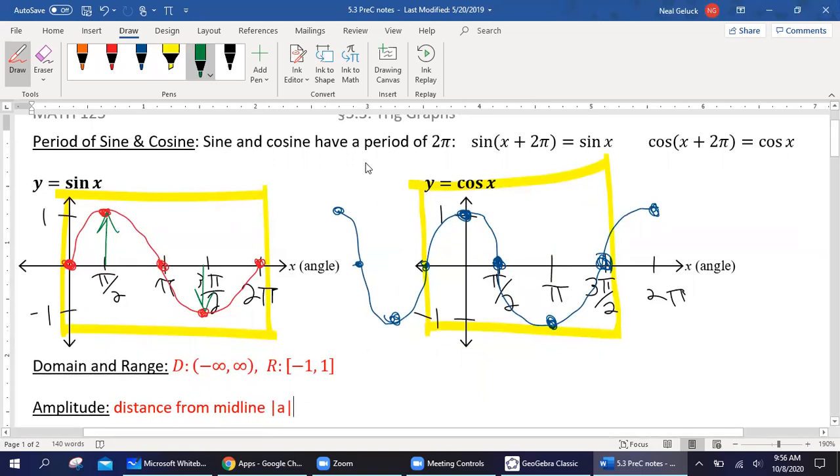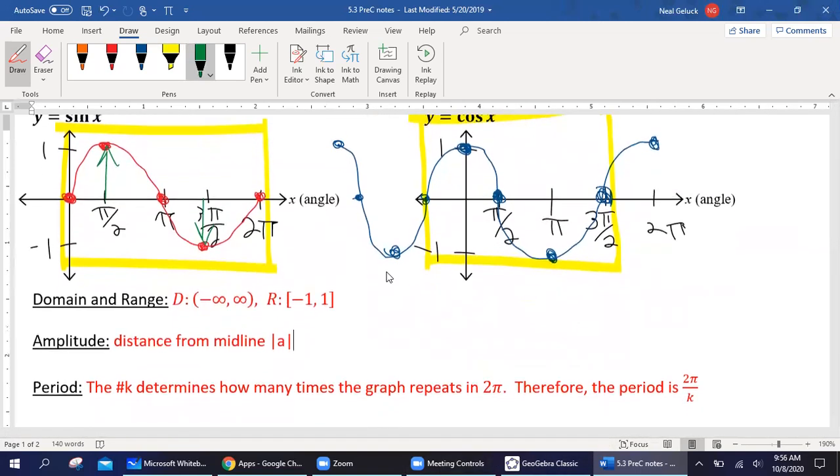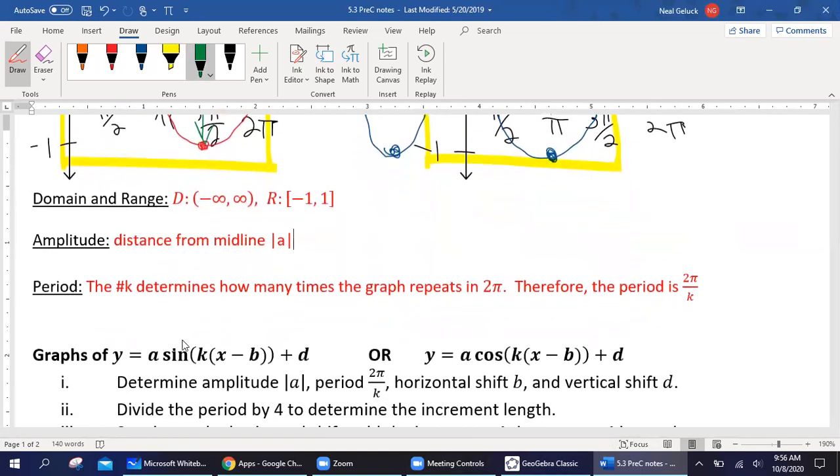The difficult part of graphing these is finding the period. So the period is based off of this k number that's being multiplied to x. It's inside of there.